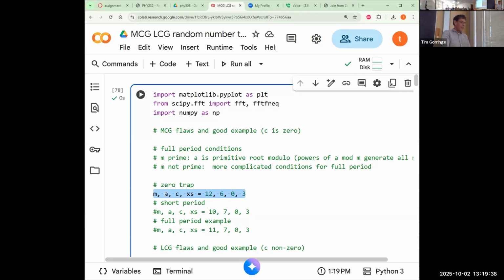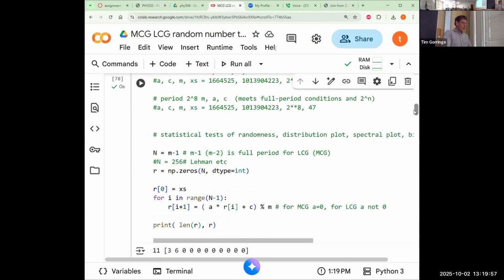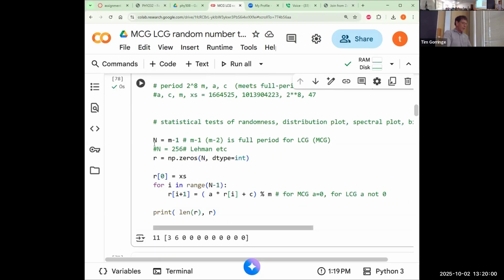This has an A that's 6. We talked about that not being good. A C that's 0, meaning this is a multiplicative generator, and my seed is 3. So it's exactly the case that I had in my notes. I set those parameters, so that specifies my generator, and then downstairs here, what am I going to do?